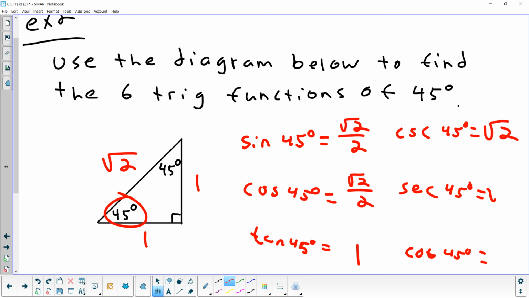Secant, same thing. And whenever you have a trig function that comes out to 1, its reciprocal is also 1. All right, so those are the 6 trig functions of 45 degrees. Any questions on that one?